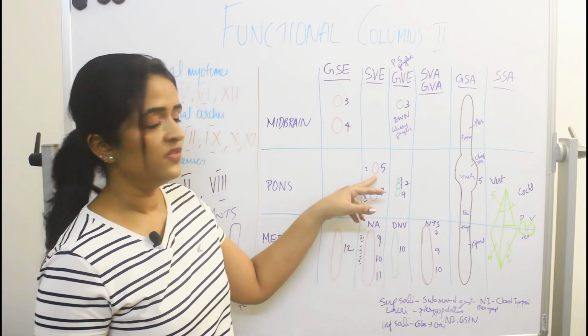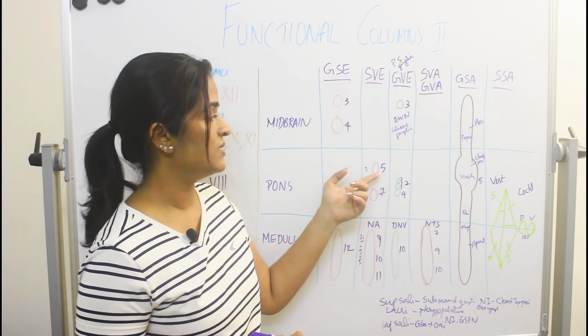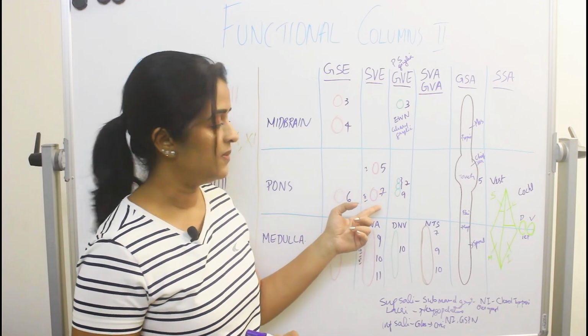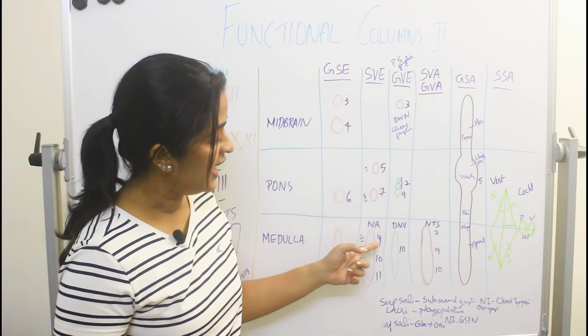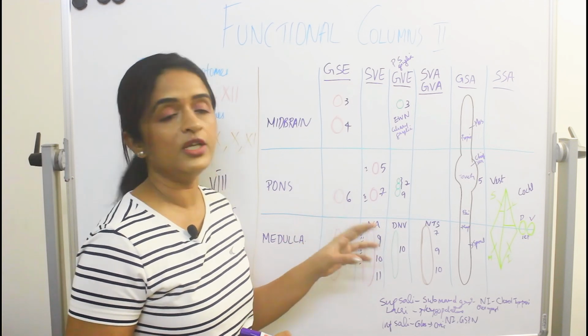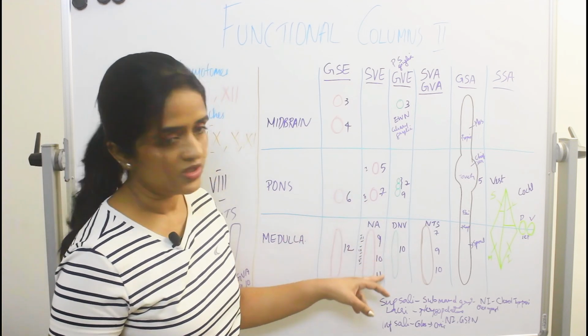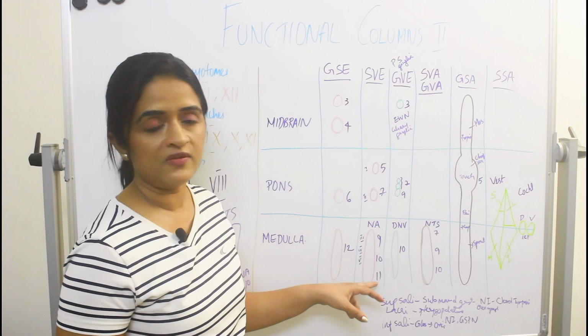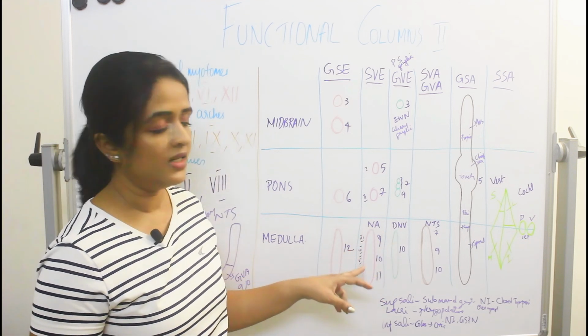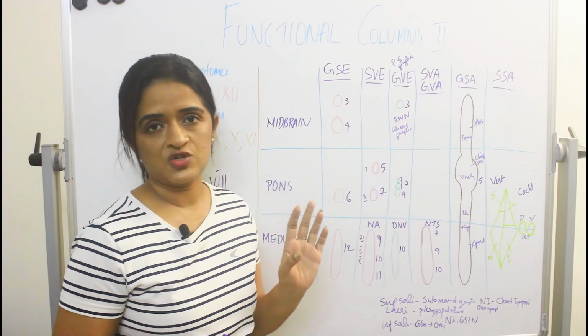We know the 5th nerve, the trigeminal nerve, supplies the first arch. Then the 7th nerve supplies the second arch. And for 9, 10, 11, the position is a bit ambiguous, hence called the nucleus ambiguus. All the 3 nuclei, 9, 10 and 11 together are known as nucleus ambiguus, and they will be supplying the 3rd, 4th and 6th arch derivatives.